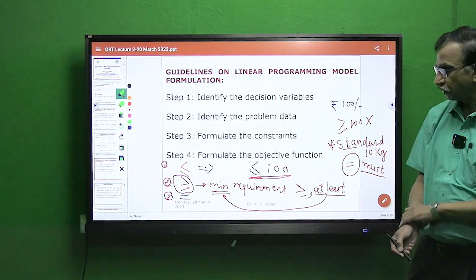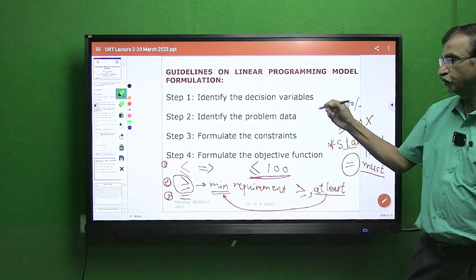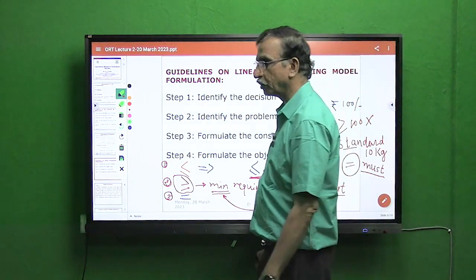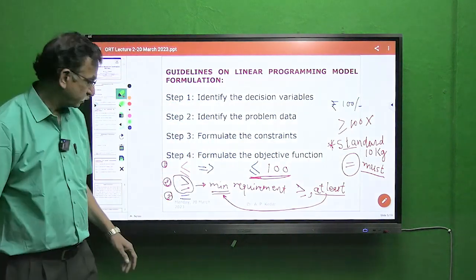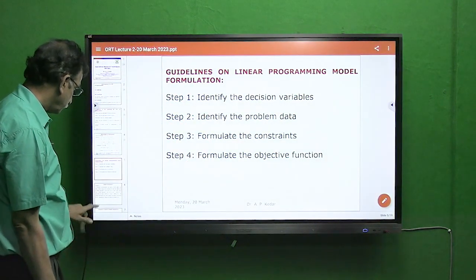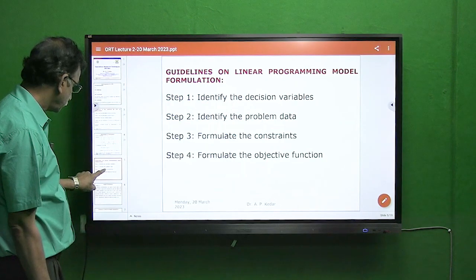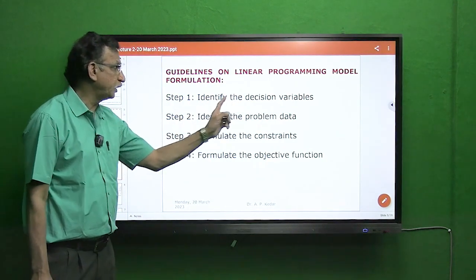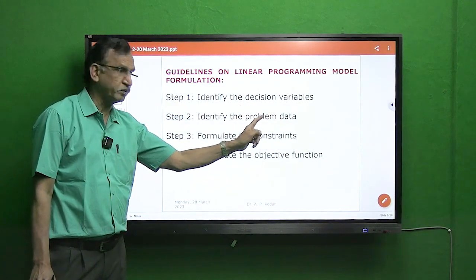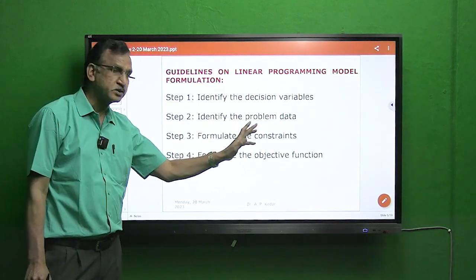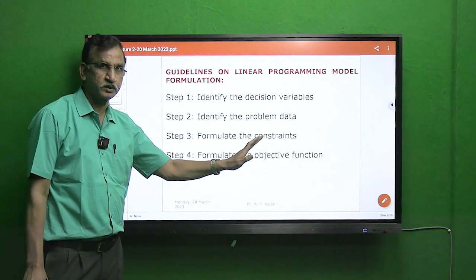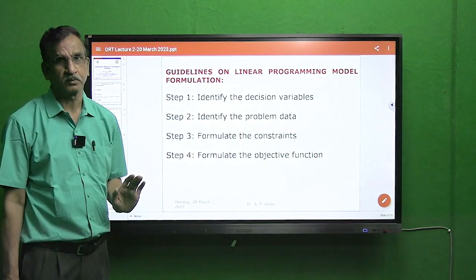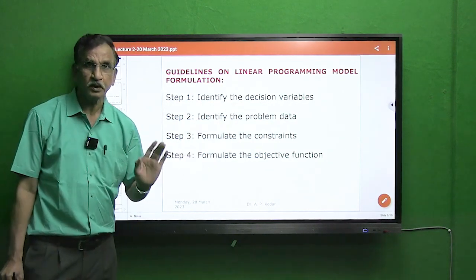Now we will see how to formulate the linear program for a given situation. Keep these steps in mind: identify decision variables, identify the problem data, formulate the constraints, and formulate the objective function. These are the keys to formulate the problem. Got it?